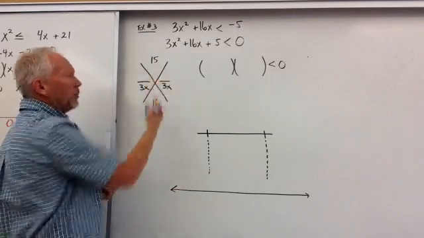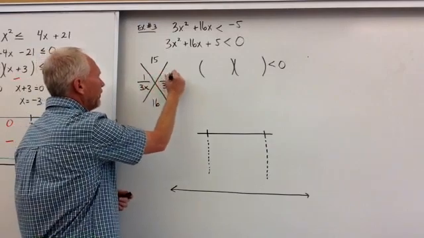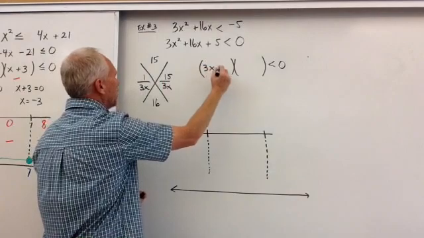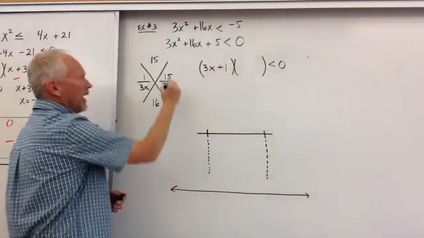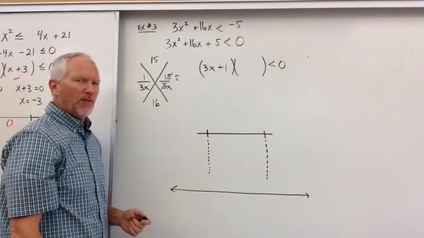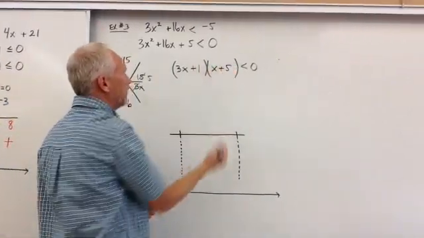What are two numbers that multiply to 15 and add to 16? Well, that's 1 and 15. And so one of my factors becomes 3x plus 1. You'll notice that this simplifies, and the 3 will go into the 15, so that just becomes x plus 5.